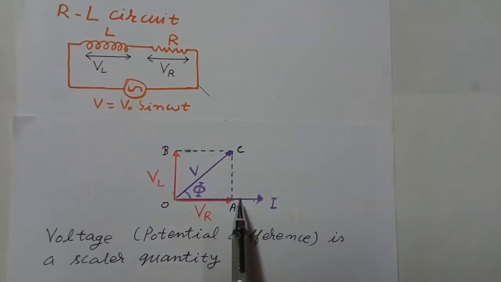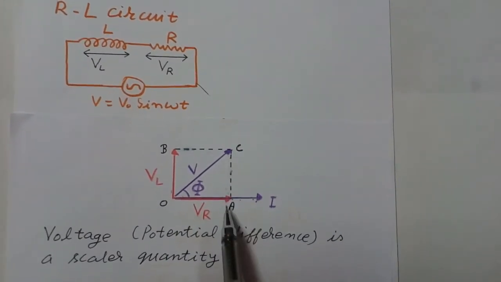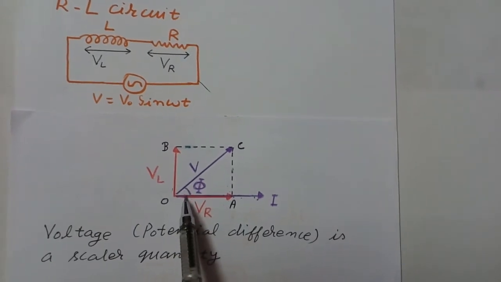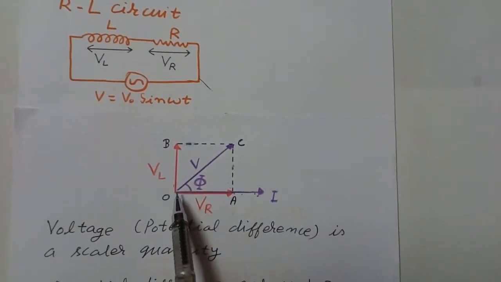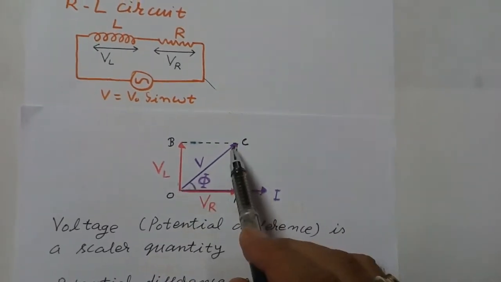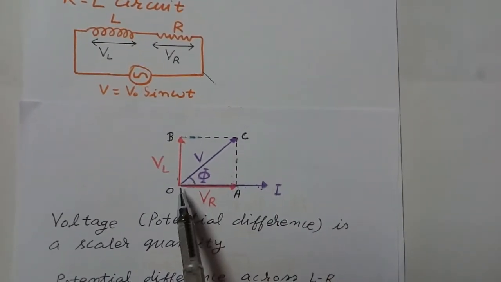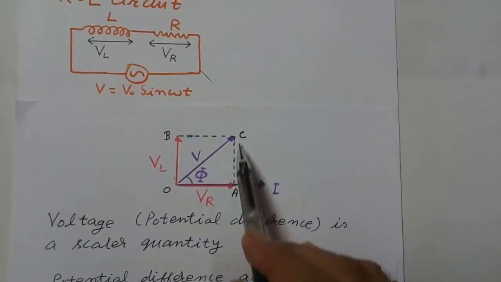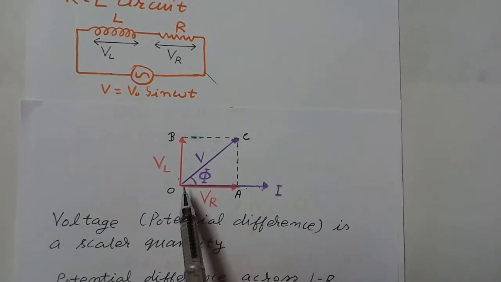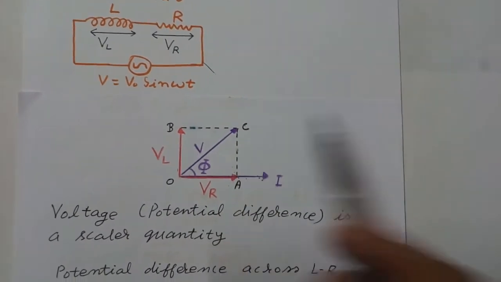See, OA and CA are at 90 degree because VL and VR are at 90 degree. So this is clear from this triangle OAC that this hypotenuse V is equal to under root VR square plus VL square, because hypotenuse OC square is equal to OA square plus AC square.